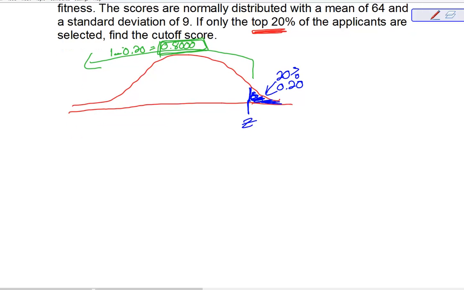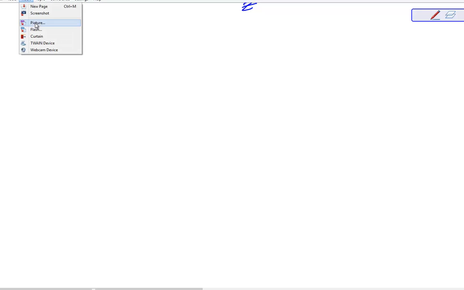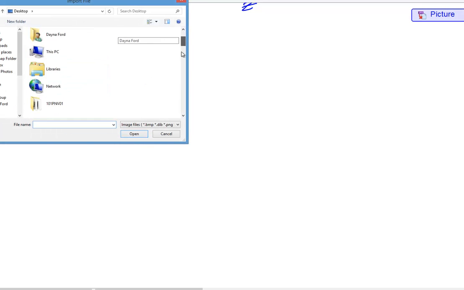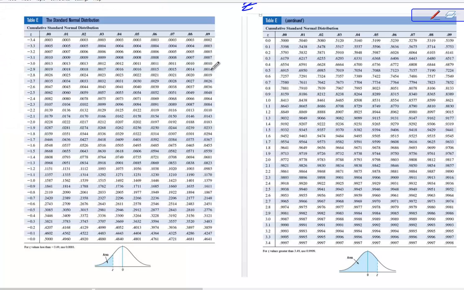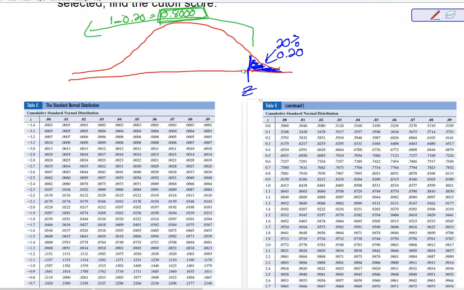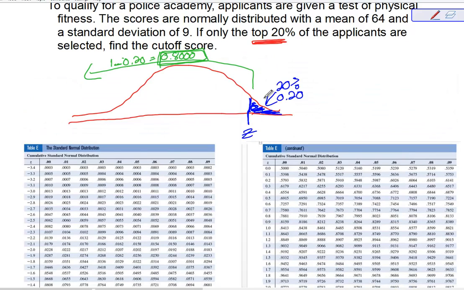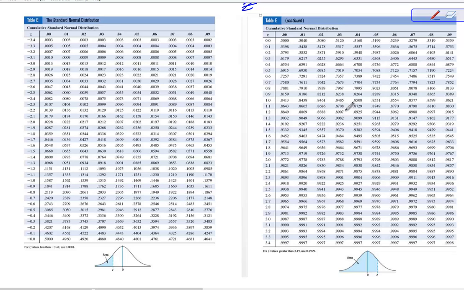Now let me get the chart in here. I've got to insert that for us. So let me insert the normal distribution chart for us. Okay, so I want to find 0.80 on my chart. Well, it's greater than 0.5, so I want to use the positive values.